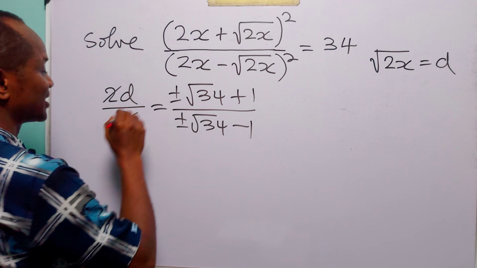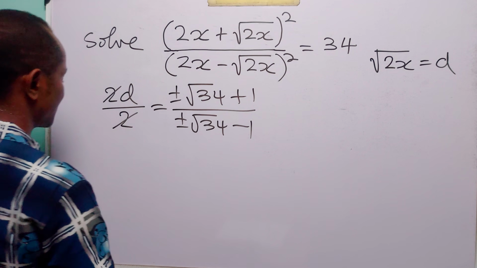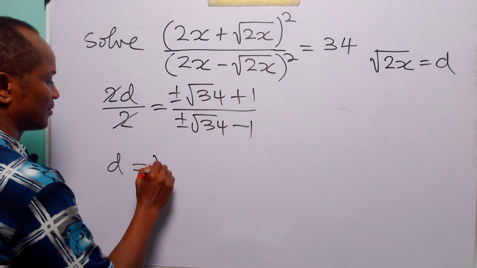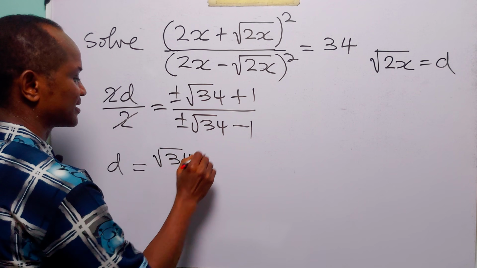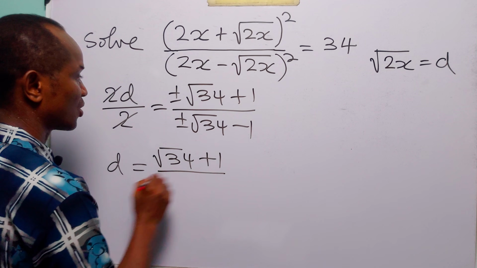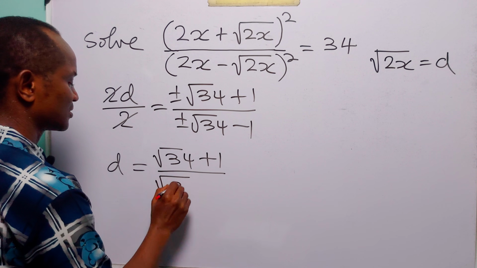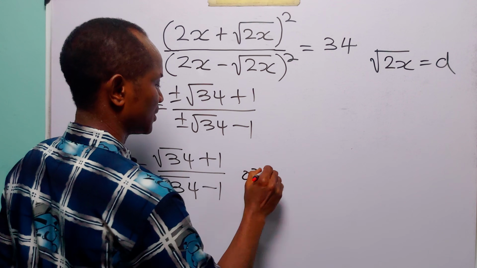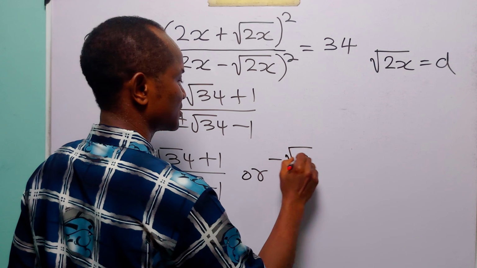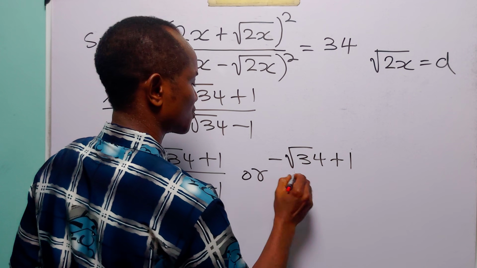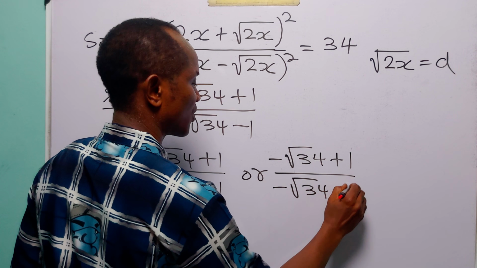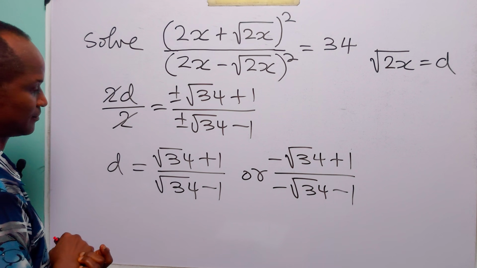Now, 2 is going to take care of 2, and we have that d is equal to root 34 plus 1 over root 34 minus 1, or minus root 34 plus 1 over minus root 34 minus 1.